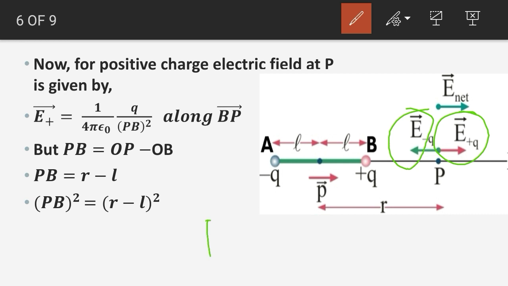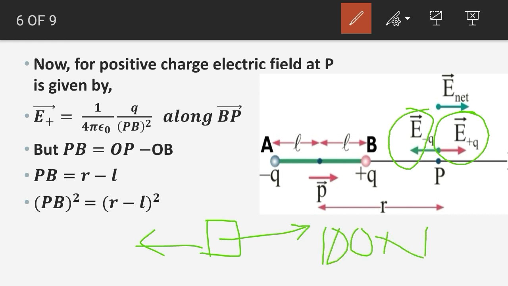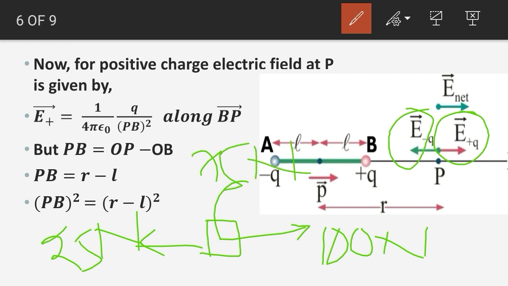Whenever you have vectors going exactly opposite to each other, the net vector will be given by subtracting them, right? Suppose you have a force of 100 Newton towards right and another boy pulls the same object with a 25 Newton force towards left. Then the net effective force will be reduced, 100 minus 25, that is 75 Newton, and the object will go in the direction of the 100 Newton force.